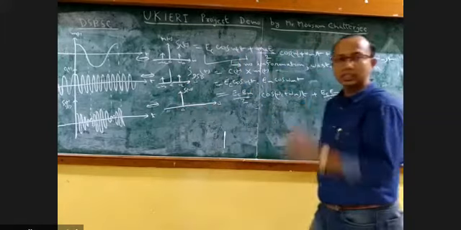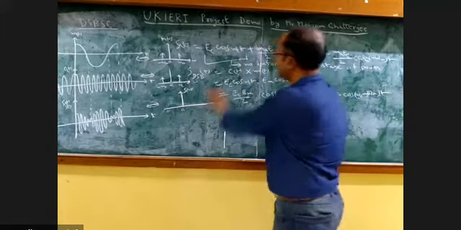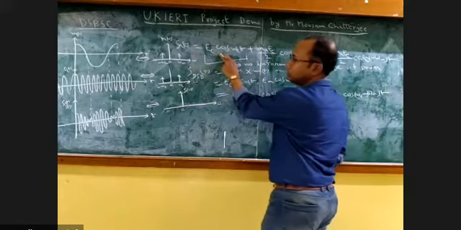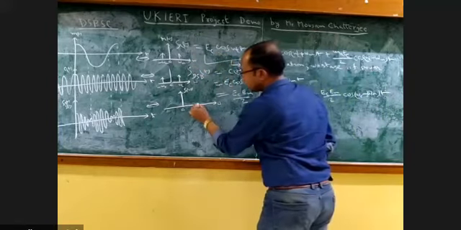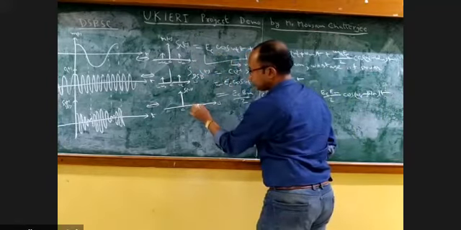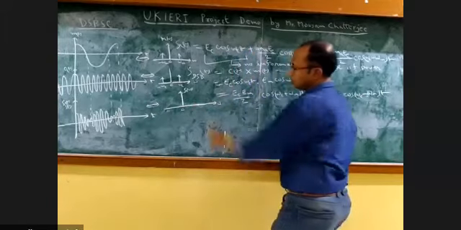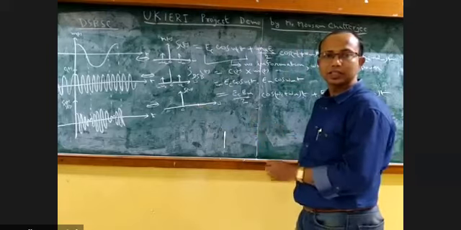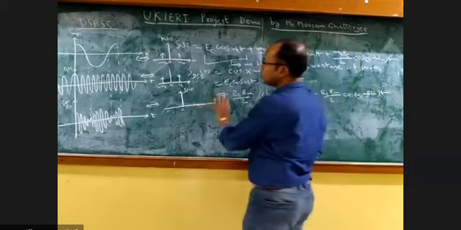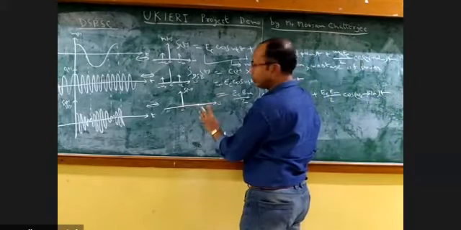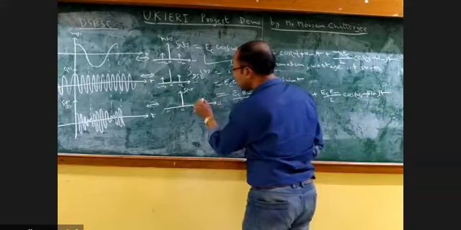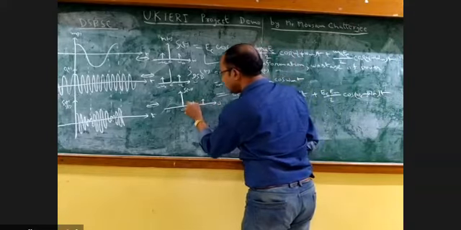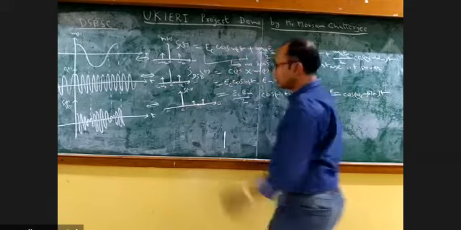Now, in case of DSBSC output, since we have omitted the unmodulated carrier, the carrier spectrum is absent here. Okay, and with respect to the carrier, the two sidebands' spectrum appears.